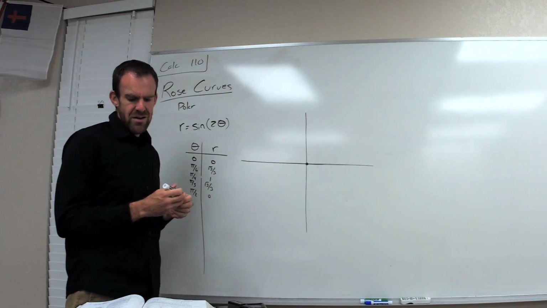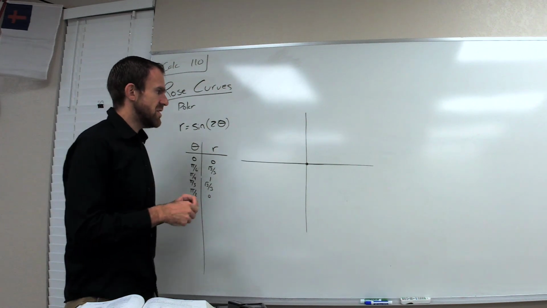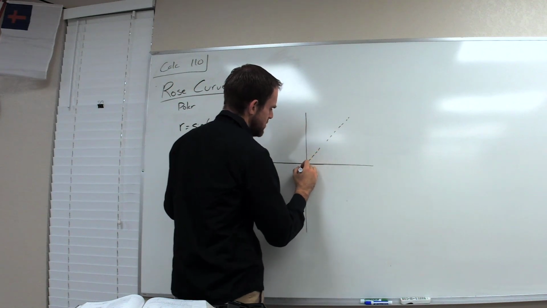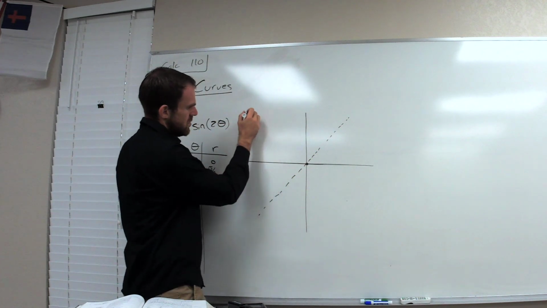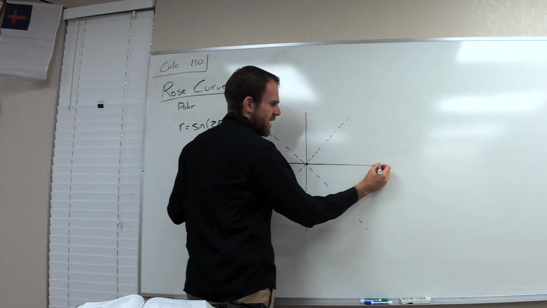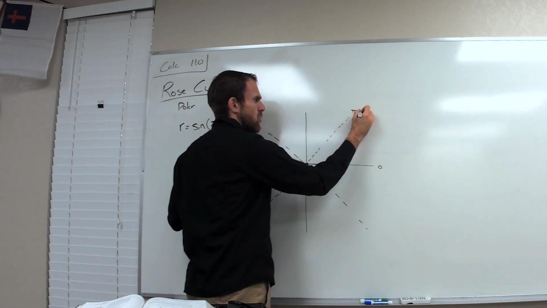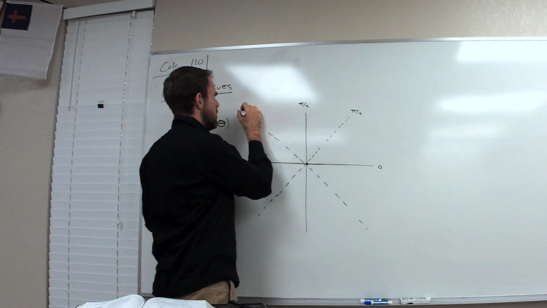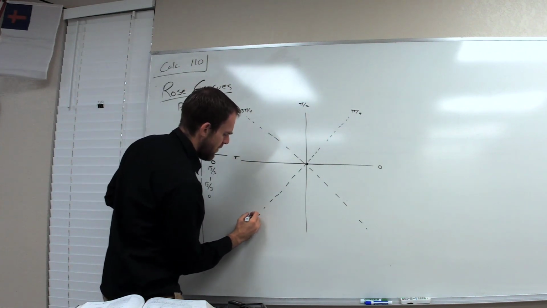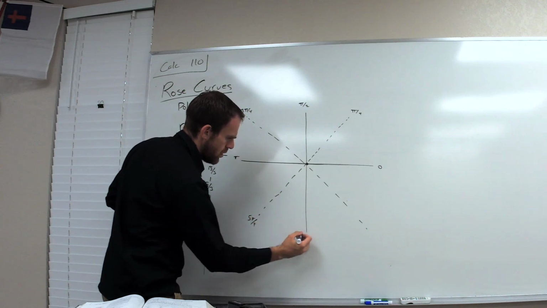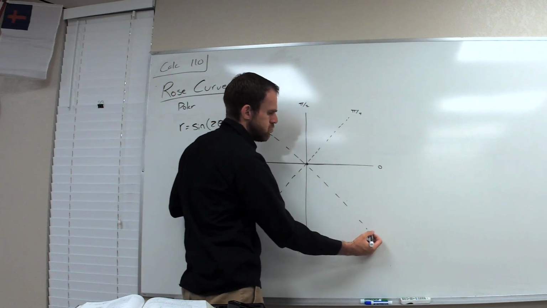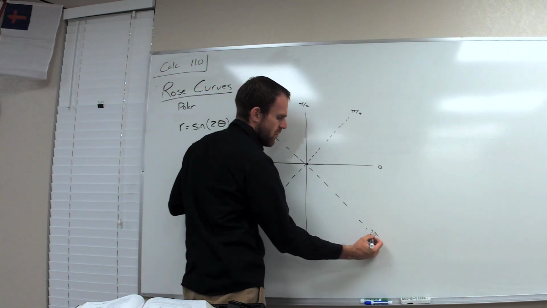Another way to do this is to split this into at least 45s so that you can see your angles a little better. So this would be angle 0, pi over 4, pi over 2, 3 pi over 4, pi, 5 pi over 4, 3 pi over 2, 7 pi over 4.